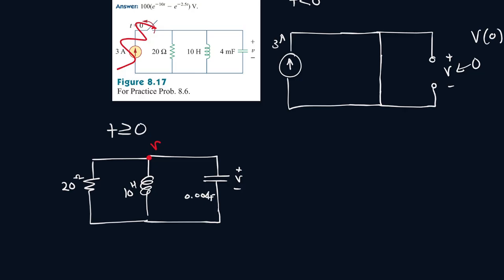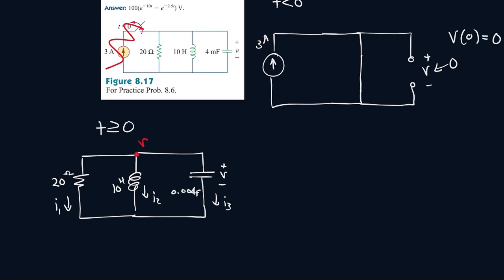Okay, so what I'm going to do now is do a node analysis. So this is I1, I2, and I3. So to find the current for this one, it's just going to be V over 20. Okay, then for this one, actually let's do this one first.